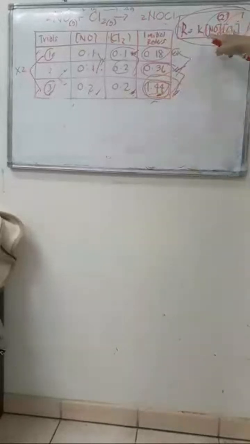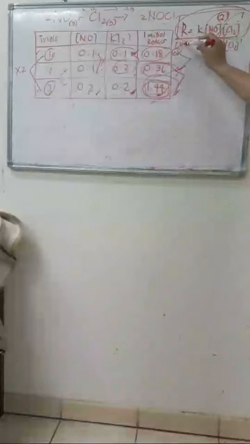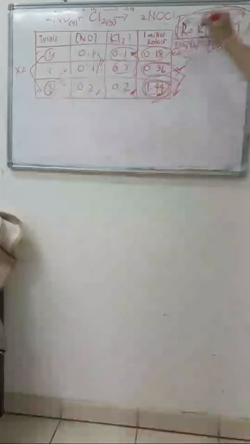If you want to solve for K, what are you trying to do here? You need to divide both sides by NO squared times chlorine gas to the power 1, and also here the R over NO squared times chlorine gas, so it cancels. So this is now the value of your K.